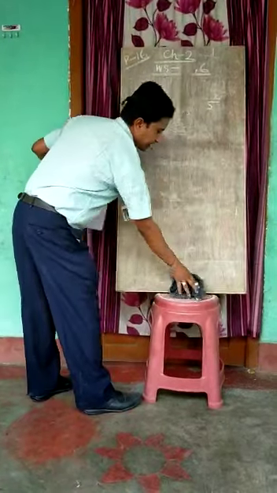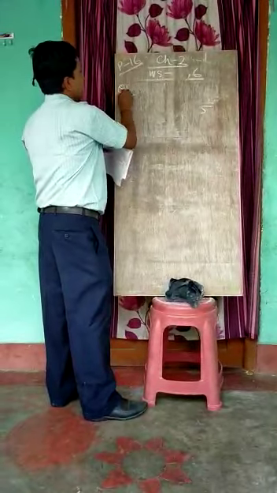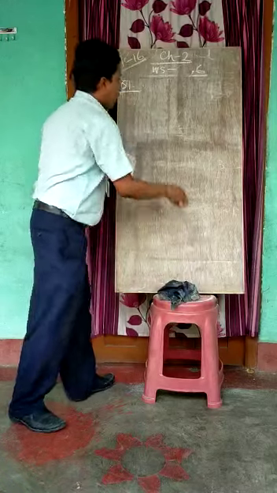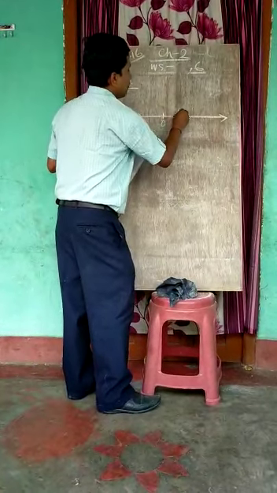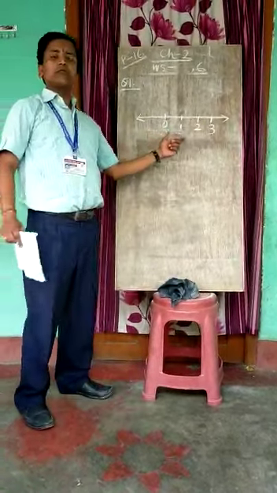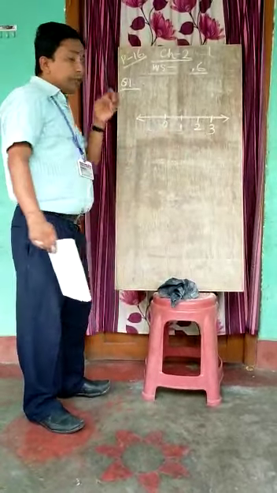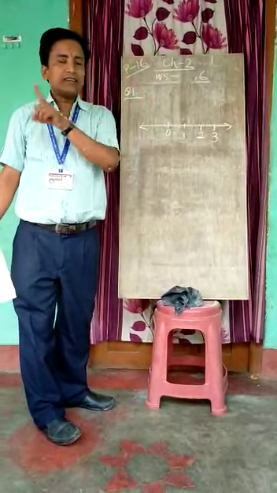Worksheet 6. How can you solve? Question number first. Dear students, you already know that on a number line you can find more rational numbers between two rational numbers. So read carefully the word integer and rational number.